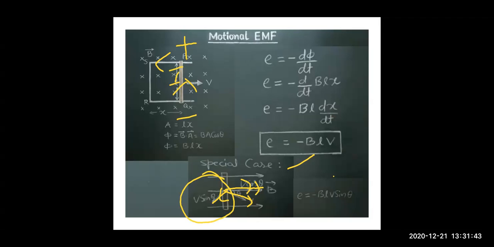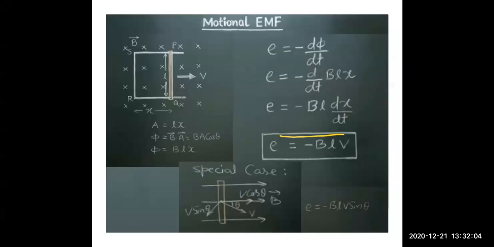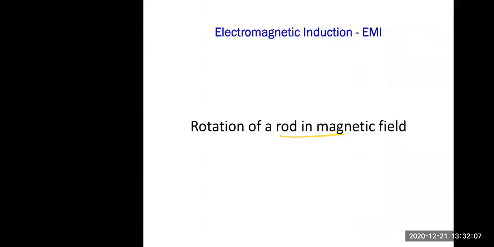So V sin theta is the component responsible for the induced EMF, and here we will replace V with V sin theta for this special case. But for motional EMF, the magnitude of EMF is E equals minus BLV, and the minus sign is in accordance with Lenz's law.